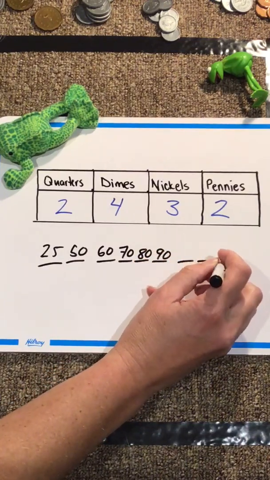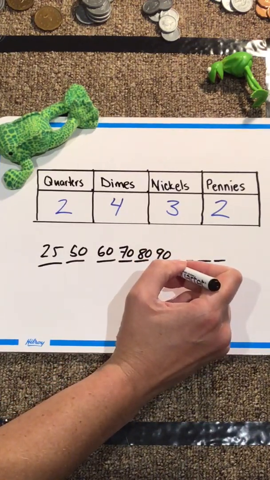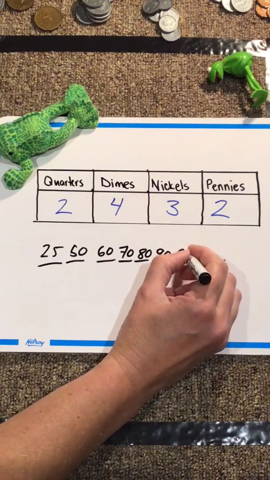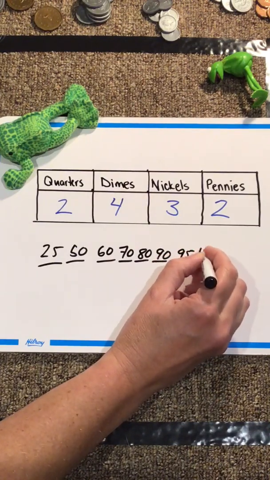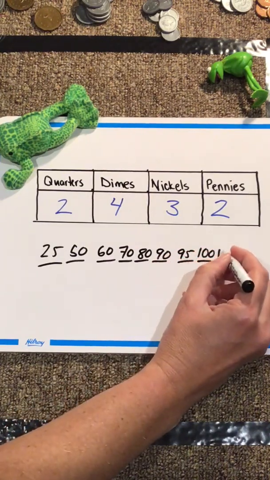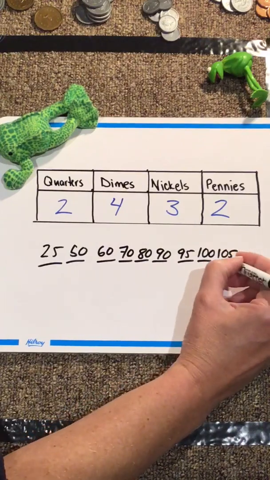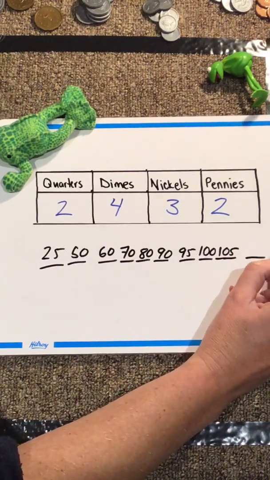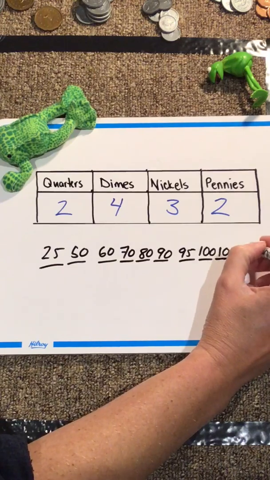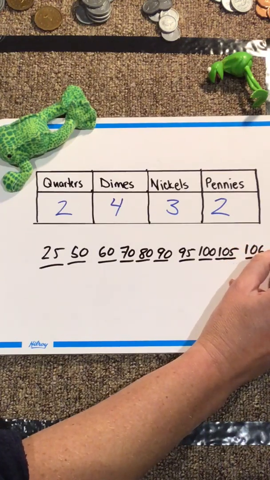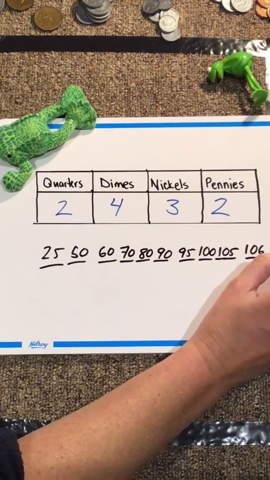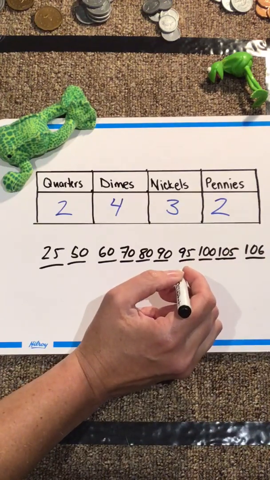Now we've got 3 nickel spots counting up by 5s. So we got 90, 95, 100, 105. And then we've got 2 penny spots, and now we're counting up by 1s, 106, 107. So we've got 107 cents.